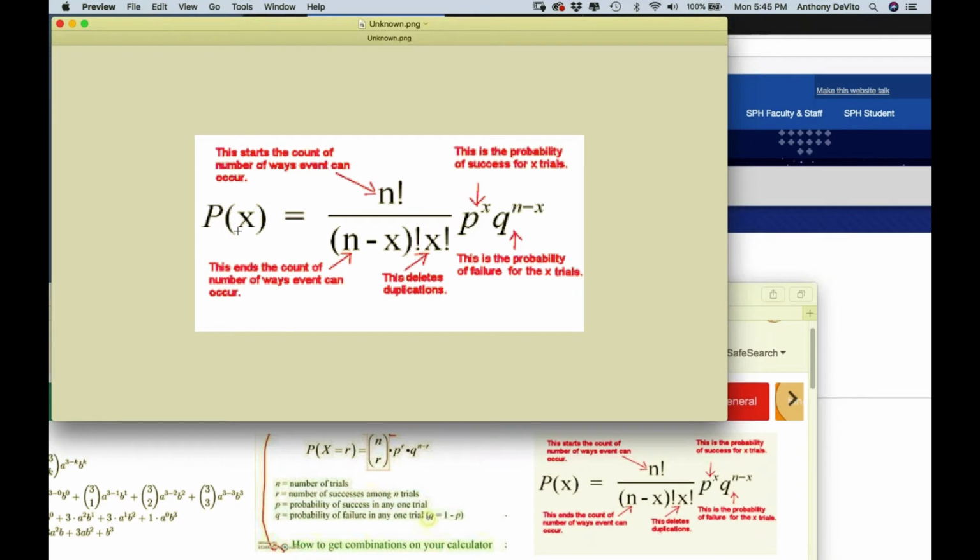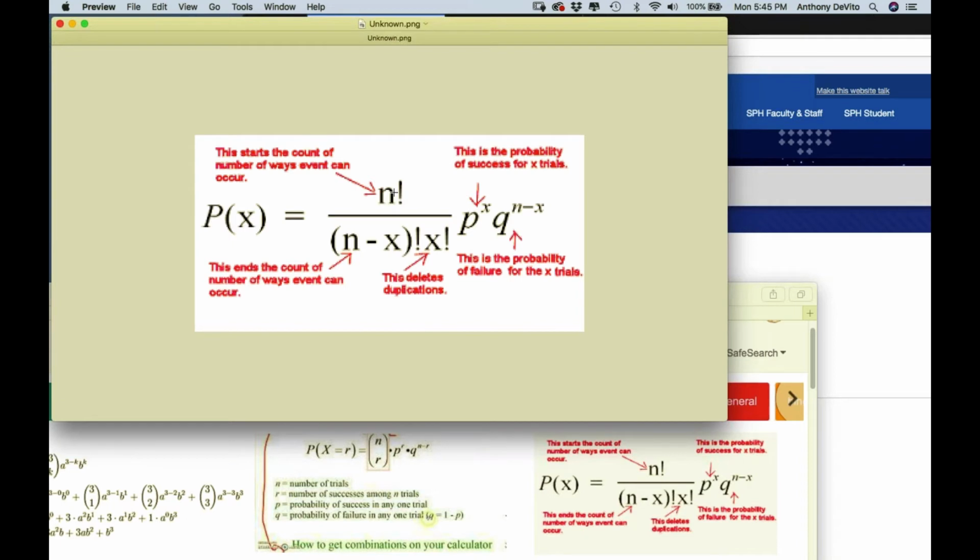So the probability of getting X number of people out of N number of trials, given the probability of each one, the prevalence of this condition, 20% and so on and so forth, is determined by this formula, where we have N factorial. N is 10.